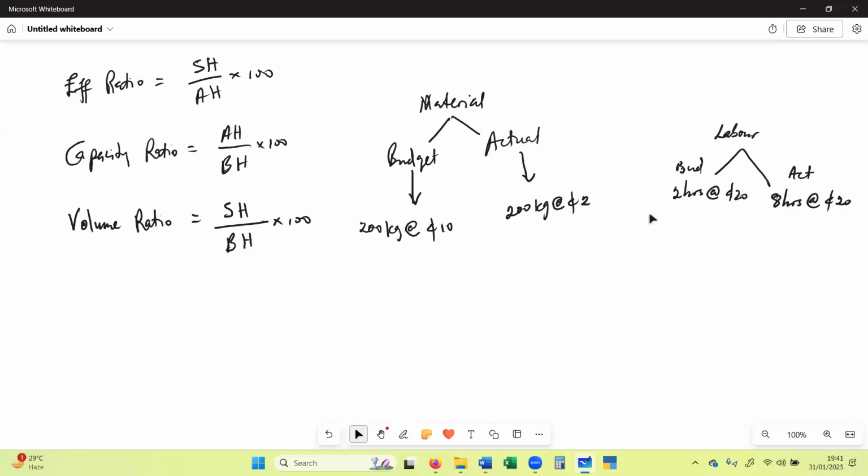It was very cheap, so you bought it and you were happy. But when you brought it to your warehouse, you realize that instead of using 2 hours to produce a unit of whatever you are producing, you now need to use 8 hours because your workers have told you, boss, your material is not good. We need to spend more time, otherwise we will spoil whatever we are producing. So you see that the variance you get from labor is interrelated to whatever you get at material. Are we okay?